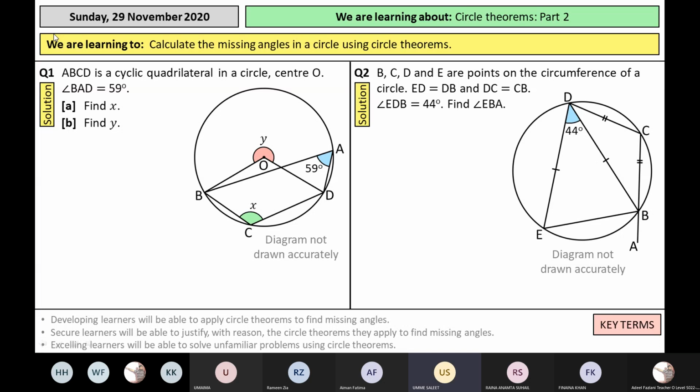Sir, x is 121. Yes, sir, 121. And y is 242.